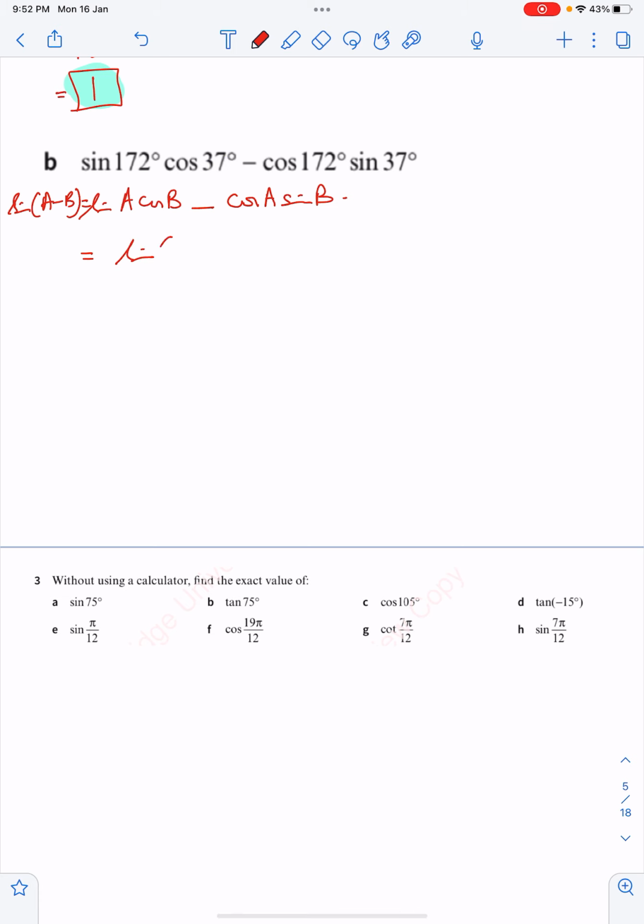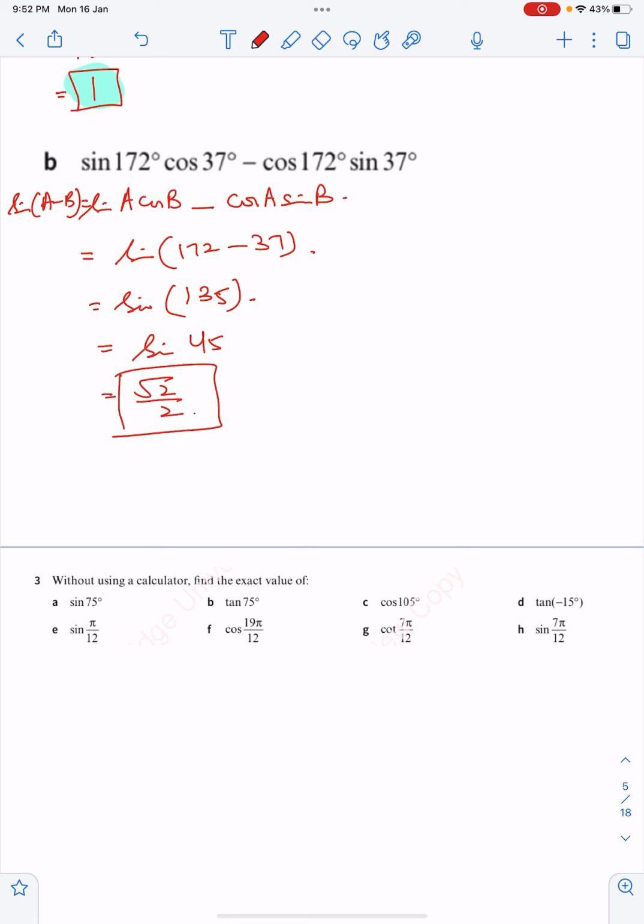So it will become sine of 172 minus 37, which is sine of 135 degrees, which is actually equal to, the basic angle is 45. So sine of 45 and sine of 135 is the same. Sine of 45 is root 2 upon 2, which is the answer for this part.